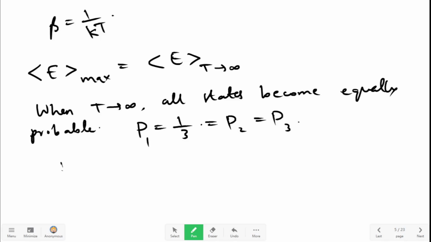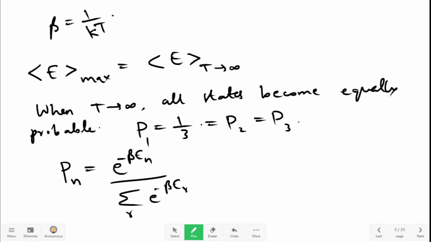This is evident from the formula for probability also. The probability of occupying the nth state is given by e raised to minus beta En divided by Z. Z is summation over r of e raised to minus beta Er. In this case there are three states, so r runs from 1 to 3.